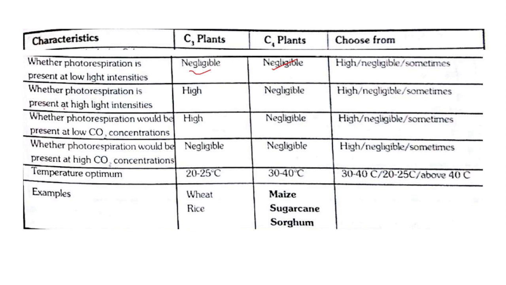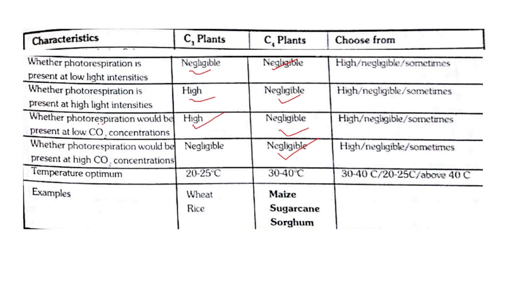Whether photorespiration is present at high light intensity? Yes, it is very high in C3 because the concentration of CO2 changes, and here it is negligible. In C4, photorespiration is absent, so we will write negligible. Whether photorespiration would be present at low CO2 concentration? It is very high.